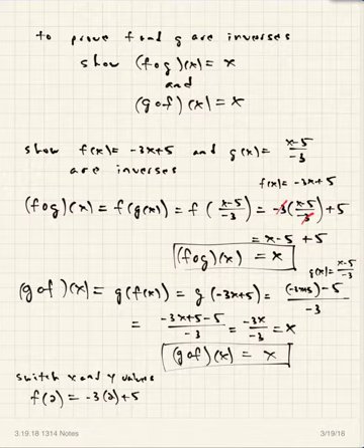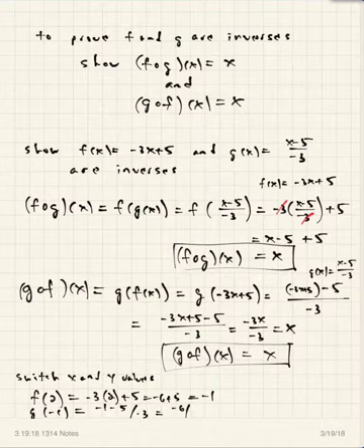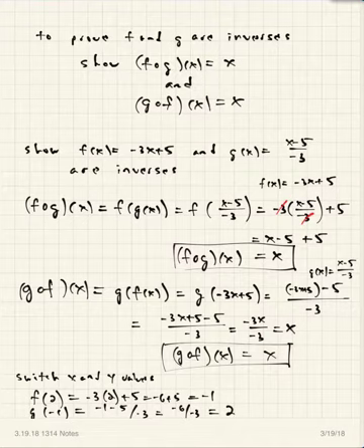And so that would be negative 6 plus 5, or negative 1. Now look at g of negative 1. g of negative 1 would be negative 1 minus 5 divided by negative 3. So that'd be negative 6 divided by negative 3, or 2.